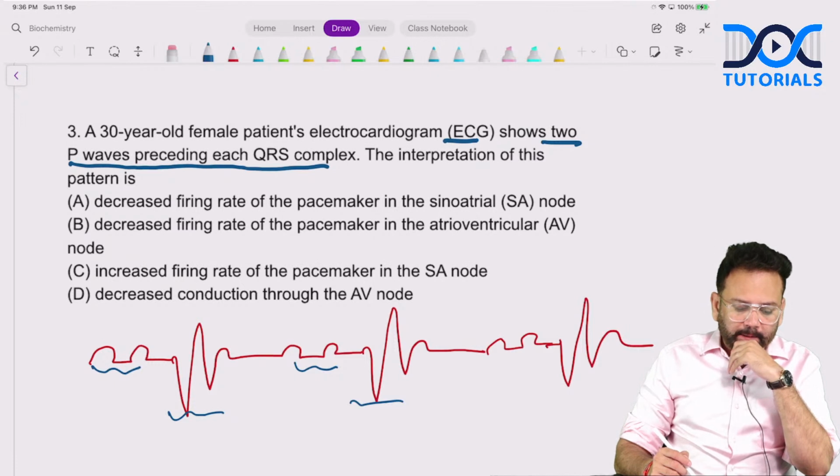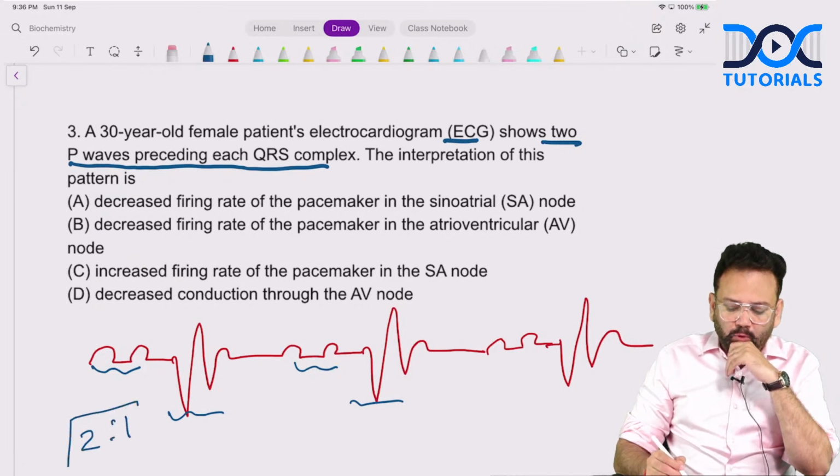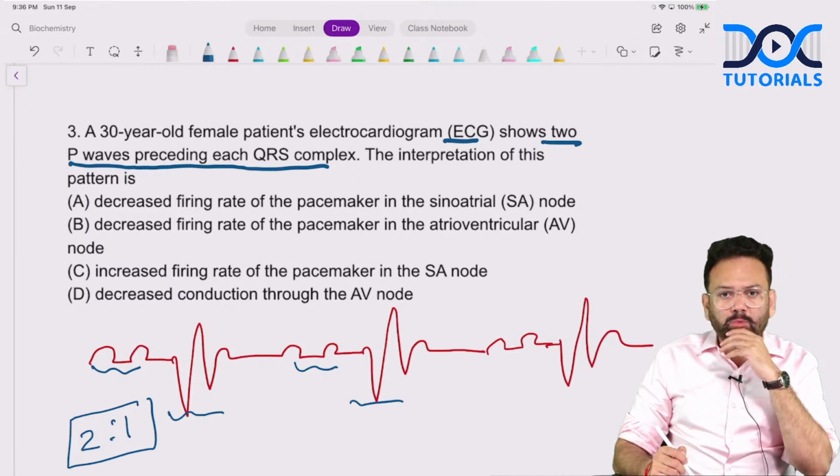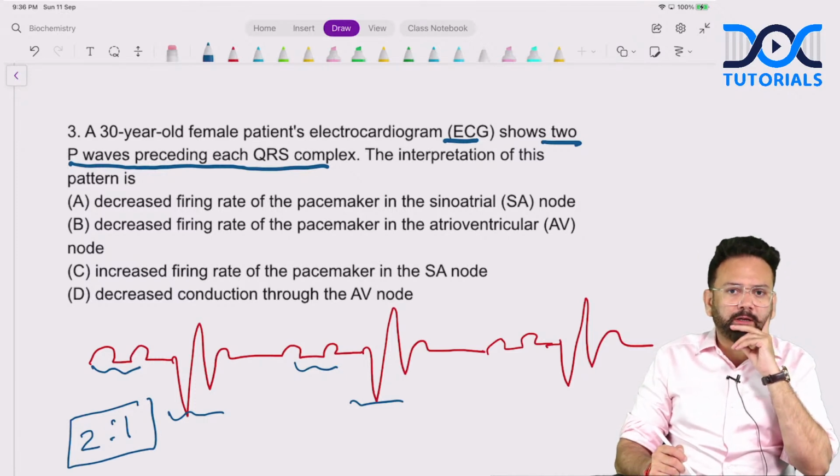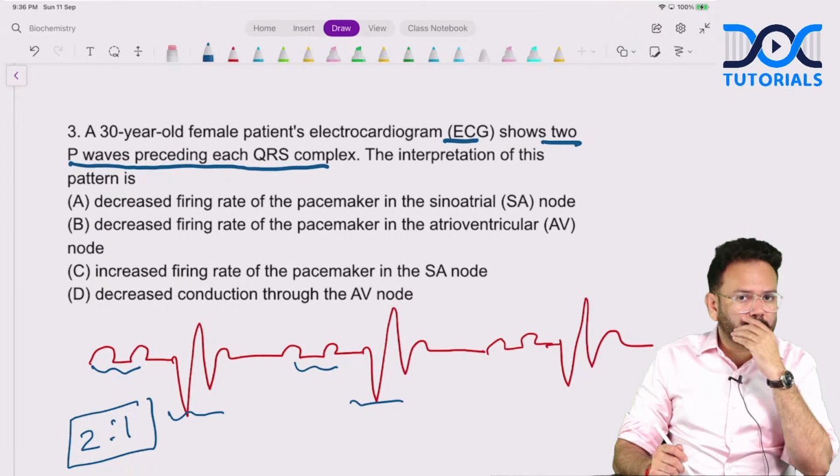Yes, very good, Sai. Answer is 2:1 heart block. Is it Mobitz 1 or Mobitz 2? Is it first degree, second degree or third degree? First tell me this one.